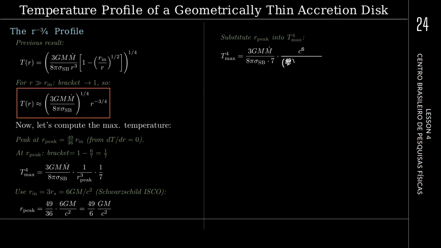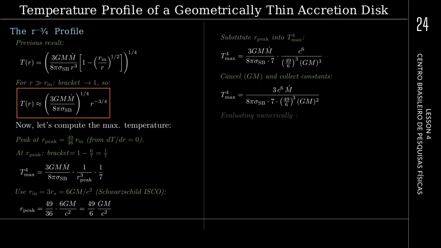And if you do that, you have this, then you can cancel here GM with one of the GM here. And finally, taking the values of the constants, we will have this value for the maximum temperature.